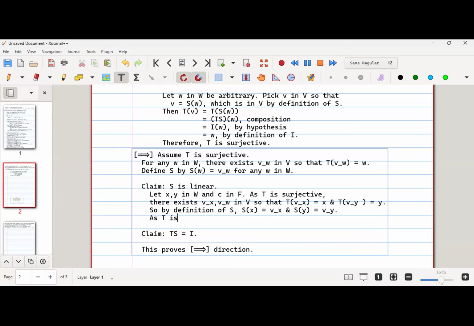So then in order to prove S is linear, we will use the fact that T is linear, right?